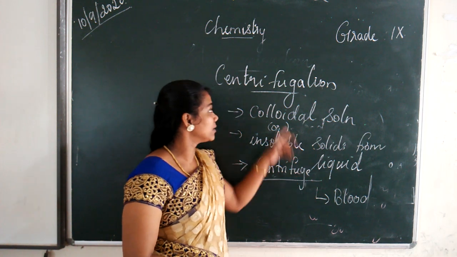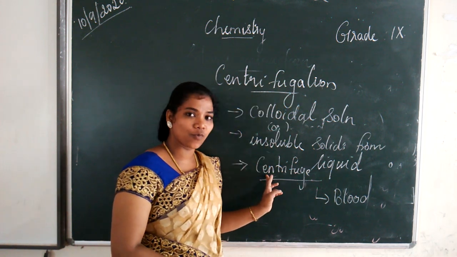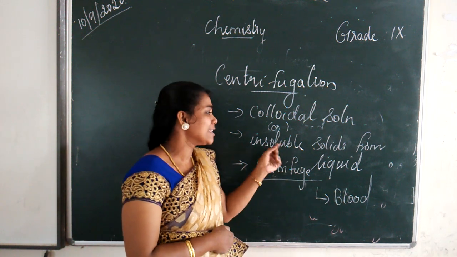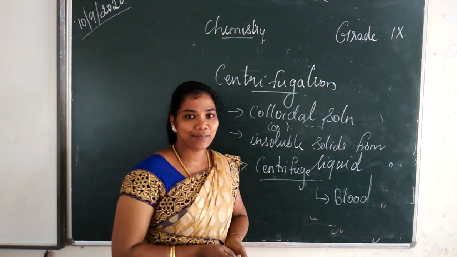So centrifugation is done with the help of what? The centrifuge. With the help of the centrifuge, the small insoluble solid particles can be settled down.